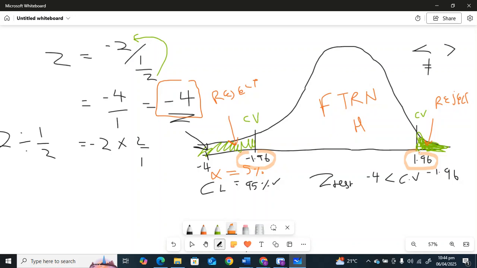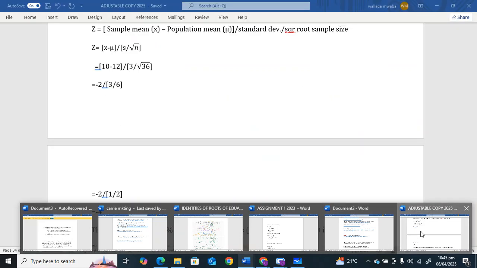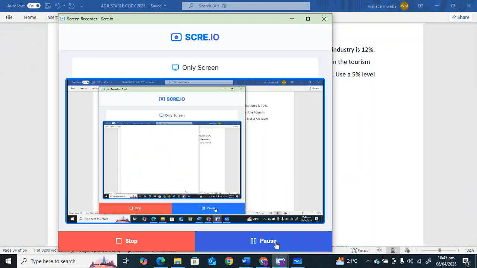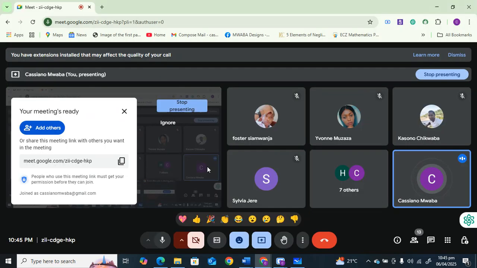Do we remember why we have two critical values here? It's because of the alternative hypothesis. We've said the average return is not 12%, which means it can be less than or greater than 12%.